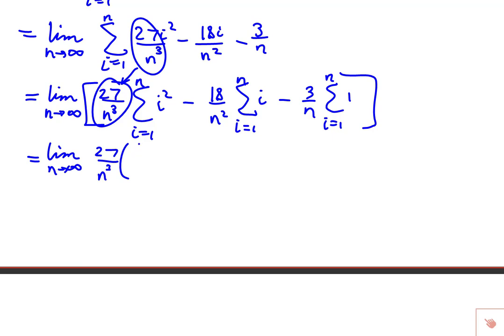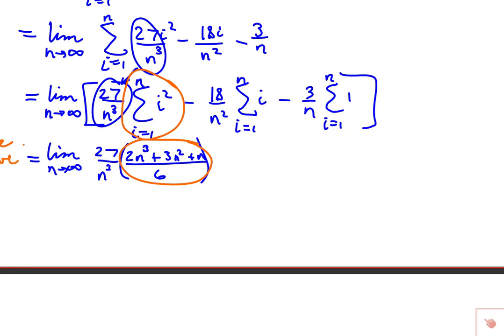You may recall above that we said that's really (2n cubed plus 3n squared plus n) all over 6. So really it's this sum being replaced by this expression, which we wrote out as a definition above, and that's all we're using here.